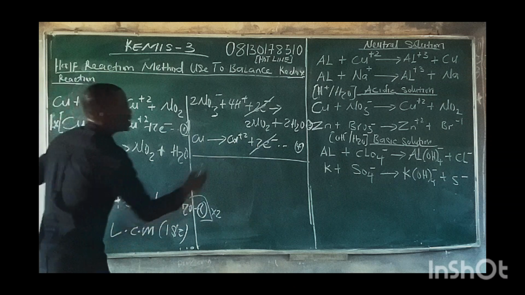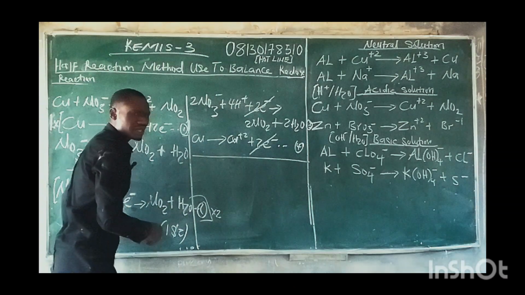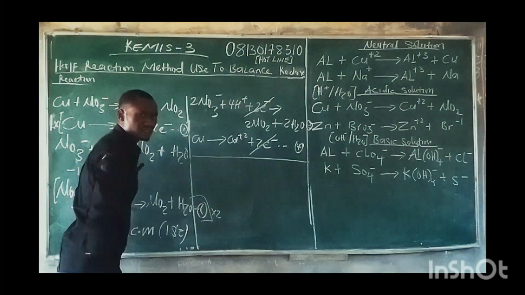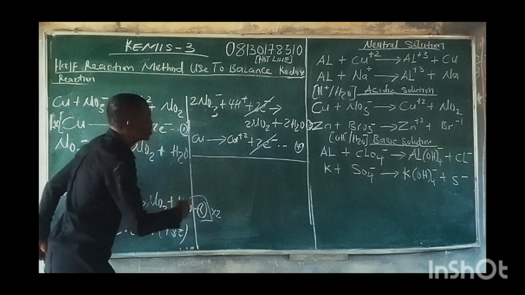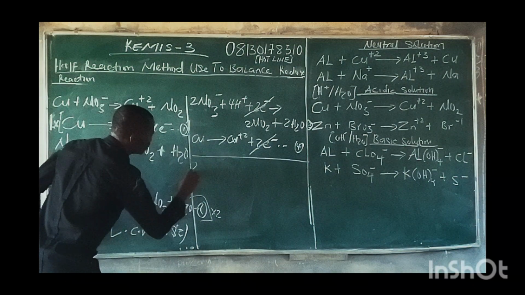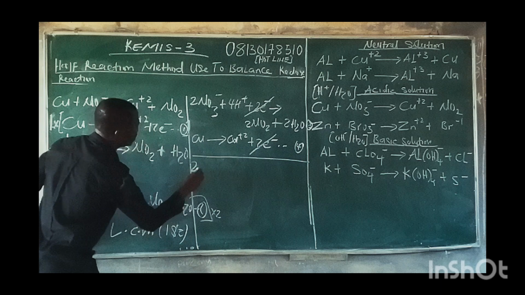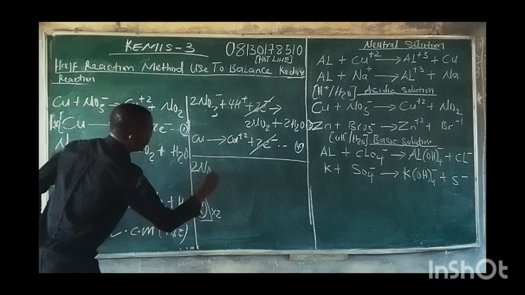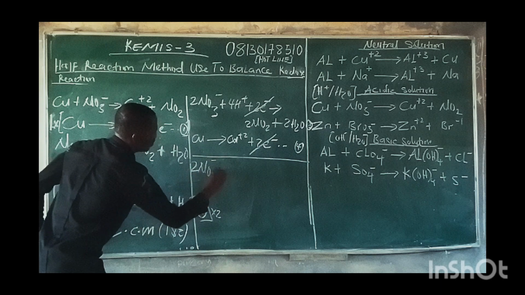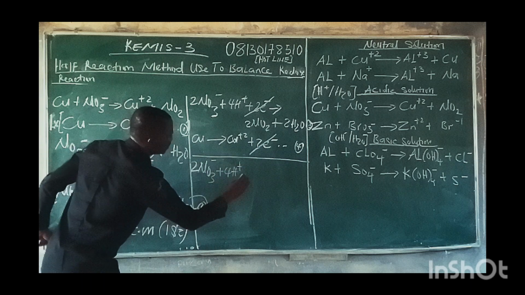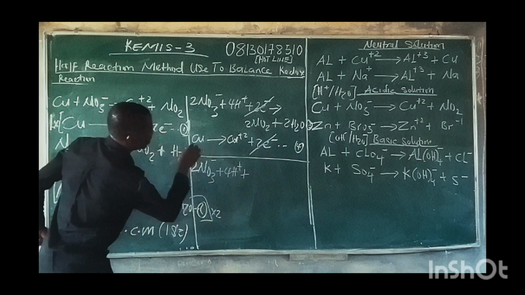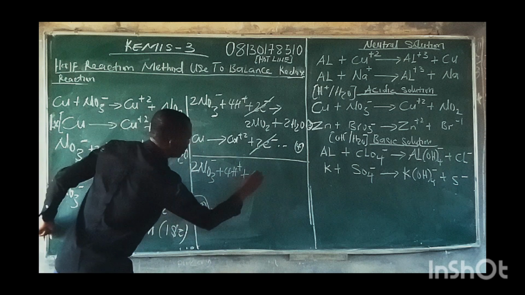So what do we have? Let's write out all that we have on the reactant side and all that we have on the product side. Let's write it together. On the reactant side, first we have 2NO3 minus plus 4H positive, plus, there is one here, don't forget to put that, copper.